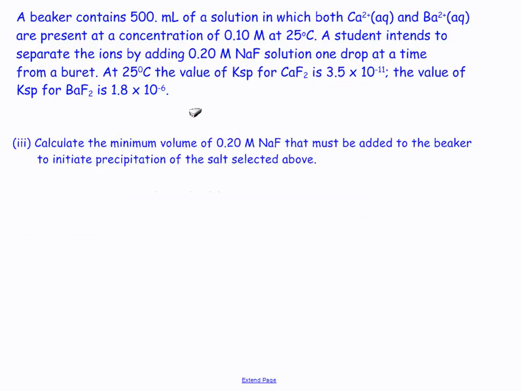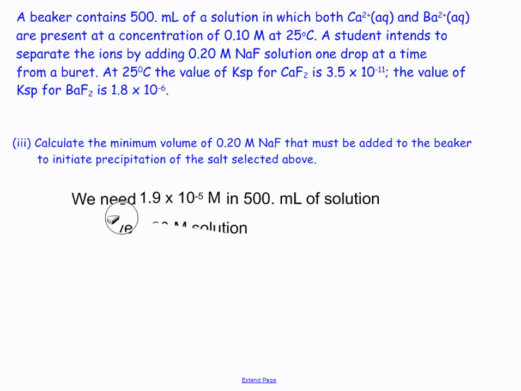All right, hopefully you noticed that it's a continuation of the problem before. We need the minimum volume of sodium fluoride. So here's what we need and what we have. We have 1.9 times 10 to the negative fifth in 500 milliliters of solution, so those two have to go together.